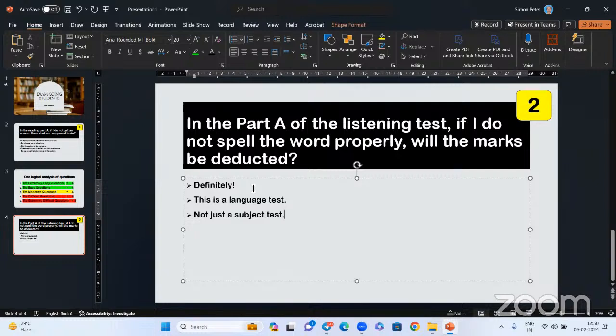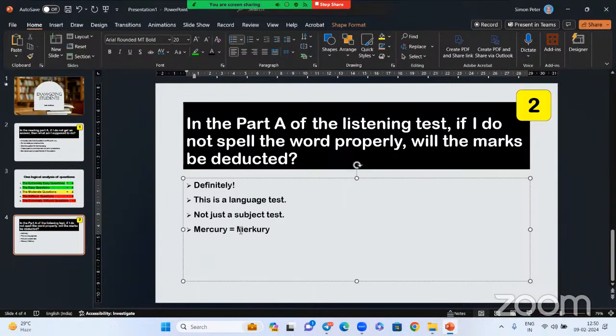If you write IDNIA instead of India, even then you'll get the mark in a subject test like science. For example, if you write Mercury as MERKURY, even then you'll get the mark because it's understood as Mercury.